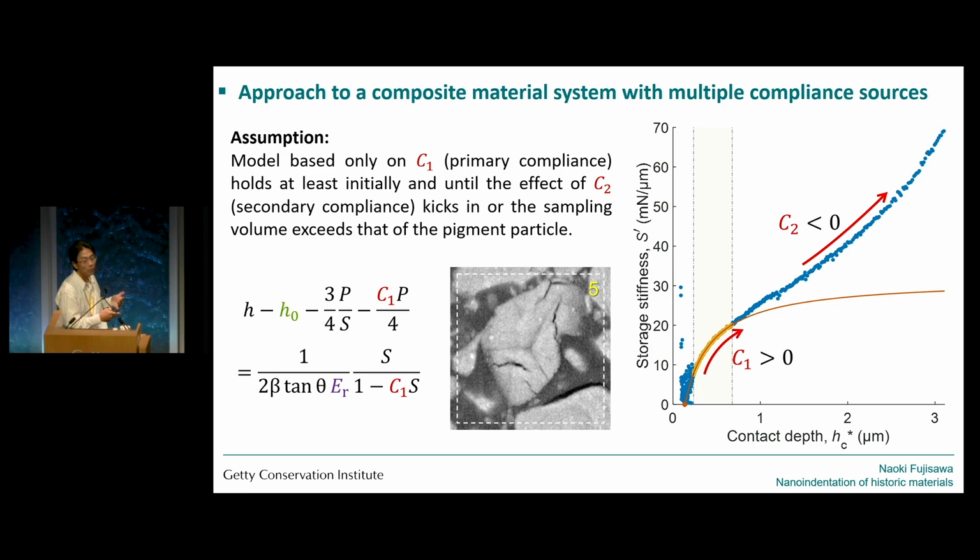Or until such time that the effective sampling volume of the experiment exceeds the actual volume of the particle, in which case you're supposed to have a different modulus, one more and more dominated by the underlying binding material.